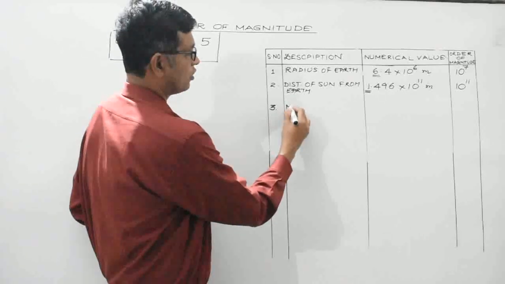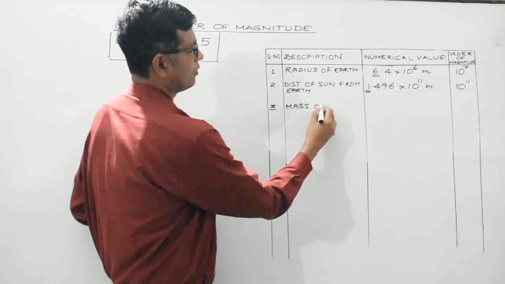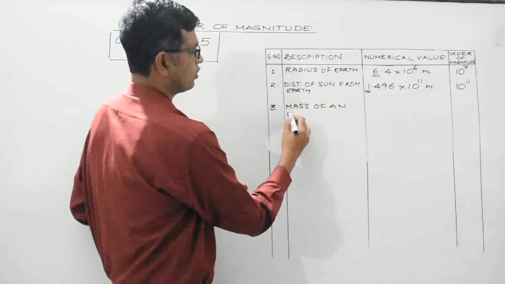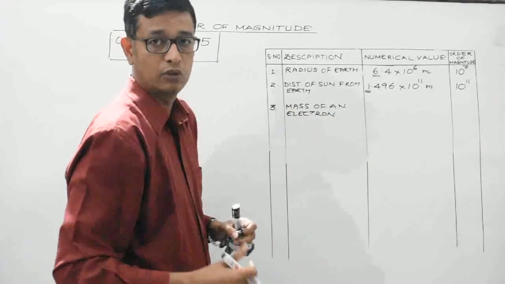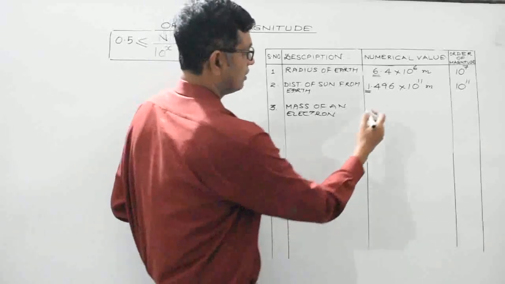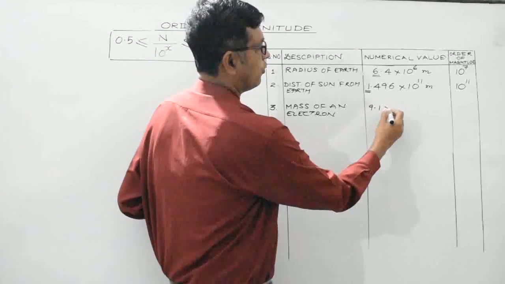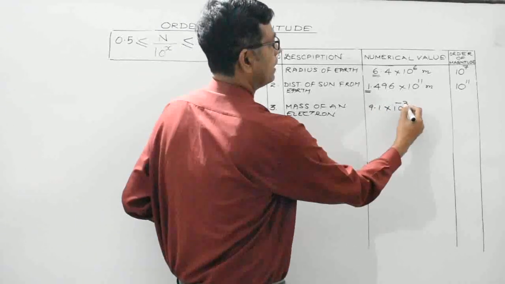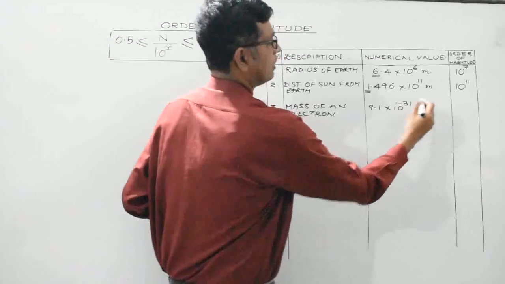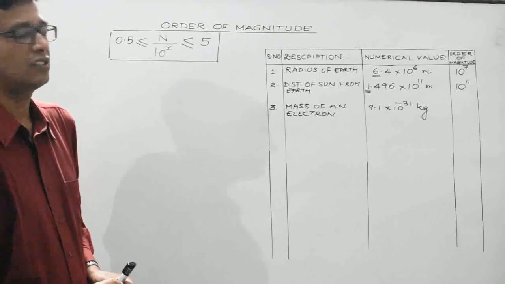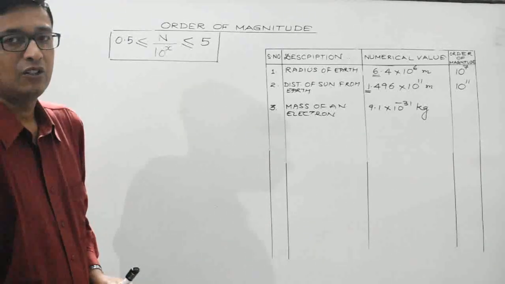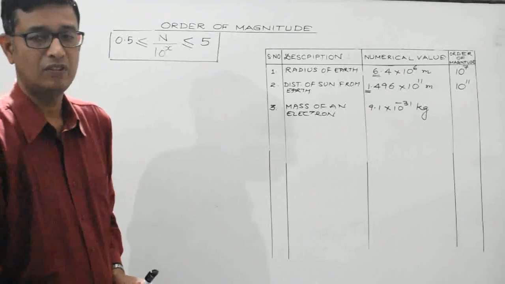Like mass of an electron. You all are aware of it. It is 9.1 into 10 raised to power minus 31 kg. Right? So let's find its order.